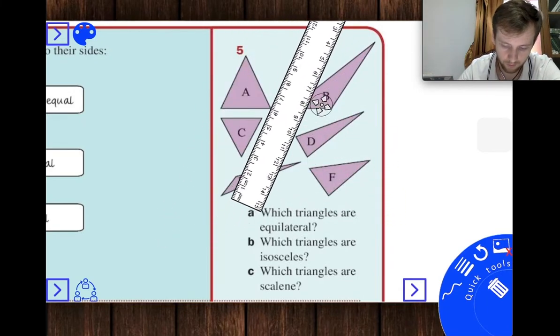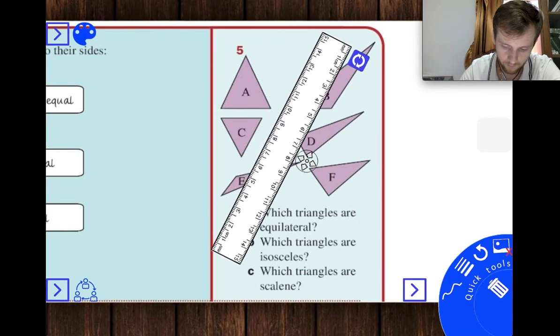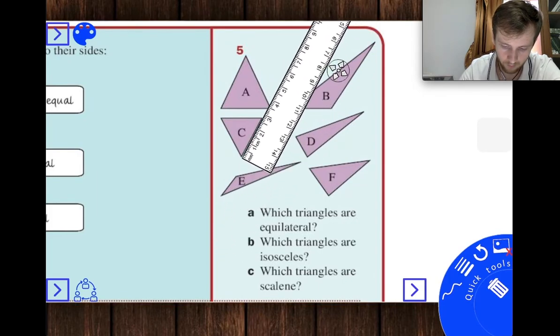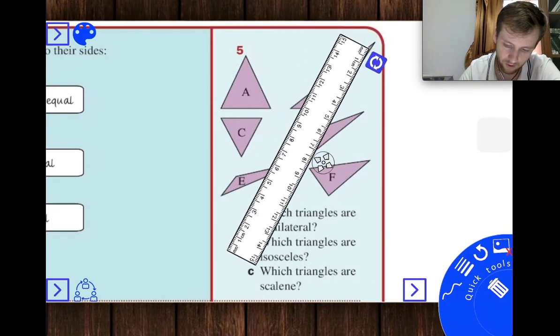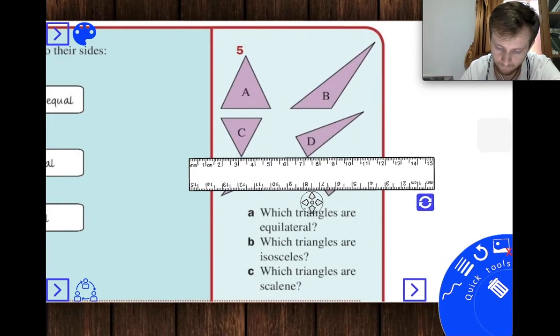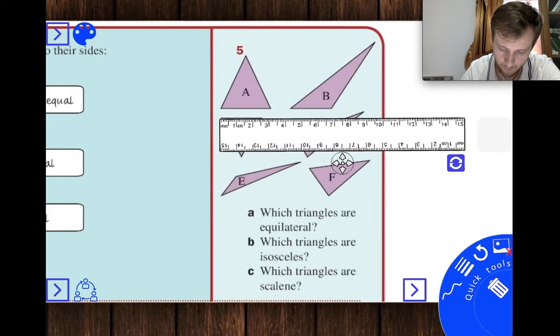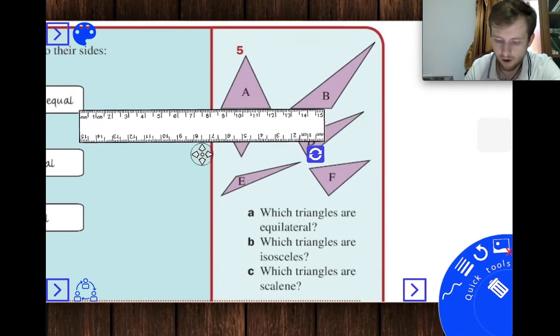So we do it like this. And this is 2.7. This is 2.7. This is 2.6, 2.7. I guess we can forgive them that.